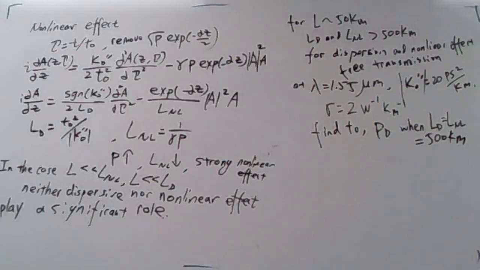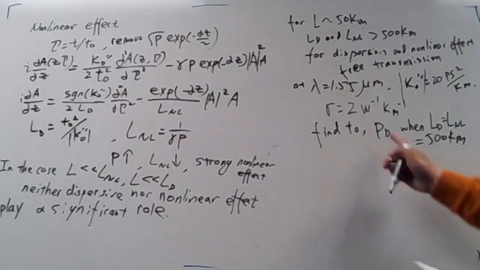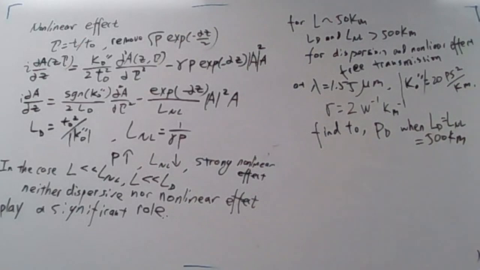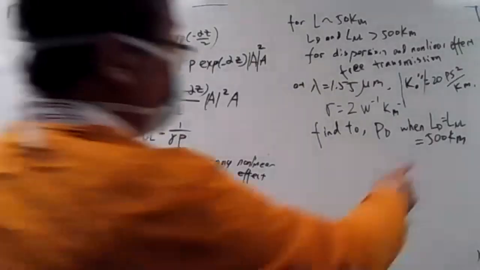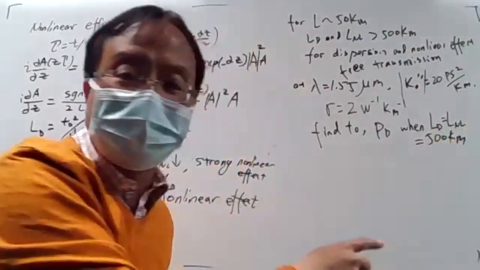Hopefully you have a pencil or piece of paper, or let's do a small exercise, and find the T naught and the P naught. If you find it, just let me know. Just use a piece of paper and find the equation here. I think we have all the equations on the board. So I want to have the dispersion length and nonlinear length as 500 kilometer.